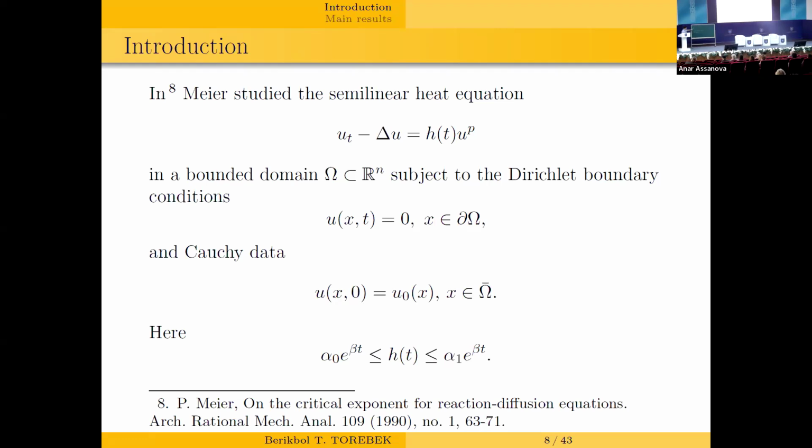And the initial data also can be defined by some constant. And if you assume some restriction for the initial data, then we can conclude that for any p, there is no global in time positive solution. If p is less than 1, then for some sufficiently small initial data, there is a global in time positive solution. And if we consider the same problem as Fujita in a bounded domain, the critical exponent will be just 1.